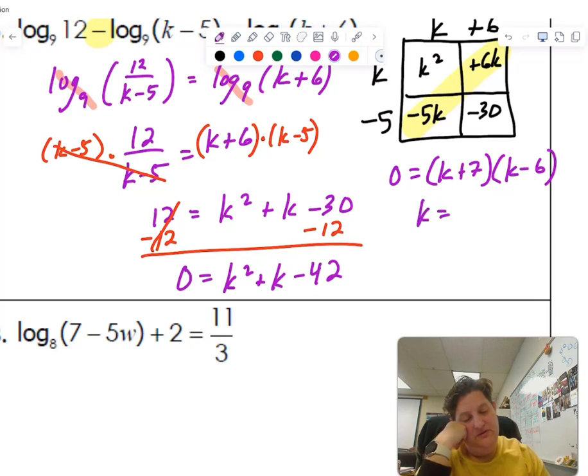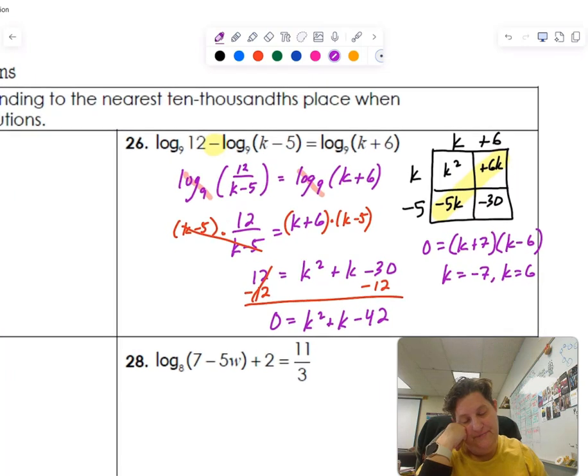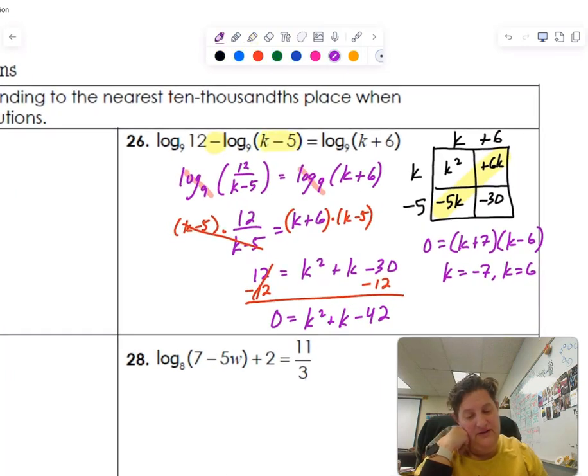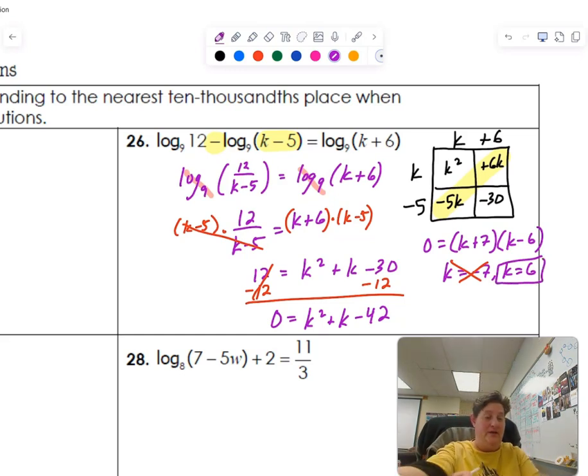And so my solutions are negative 7 and positive 6. Now when I go look, the positive 6 is fine, but the negative 7 makes that negative. So I say, okay, it's not negative 7, and it's only 6. Okay, so again, that's what we call an extraneous solution.